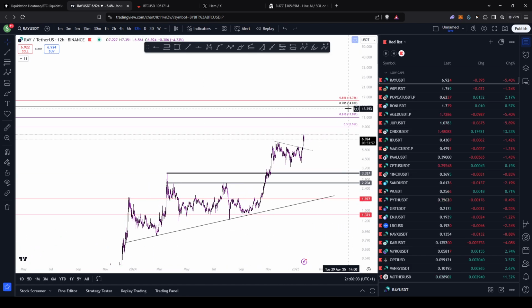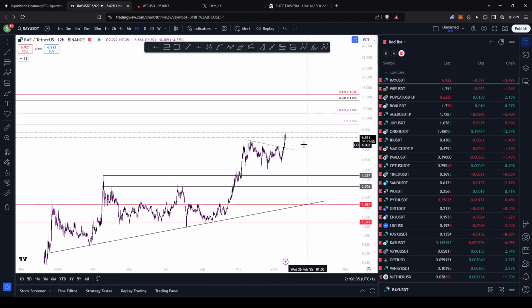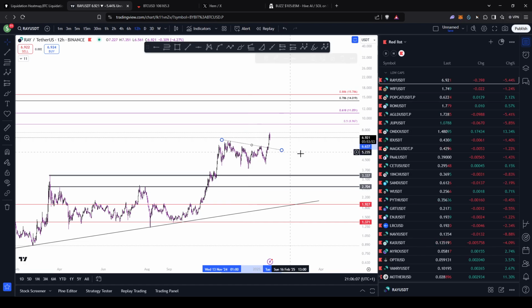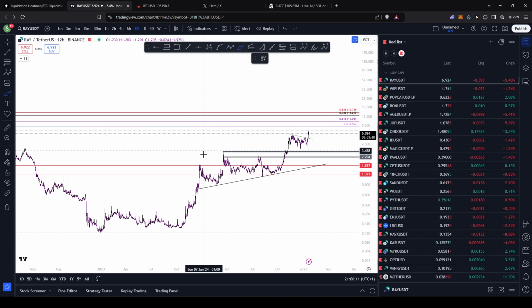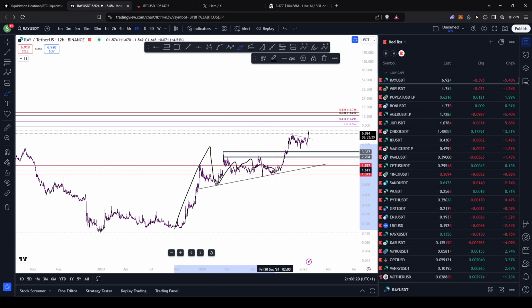It's not the entry. I'd rather just scale out on this move up. We have very impulsive moves up. If you do count this as waves, this is likely gonna be your wave 1 here. 1, 2, and then they have a very complex wave 3.